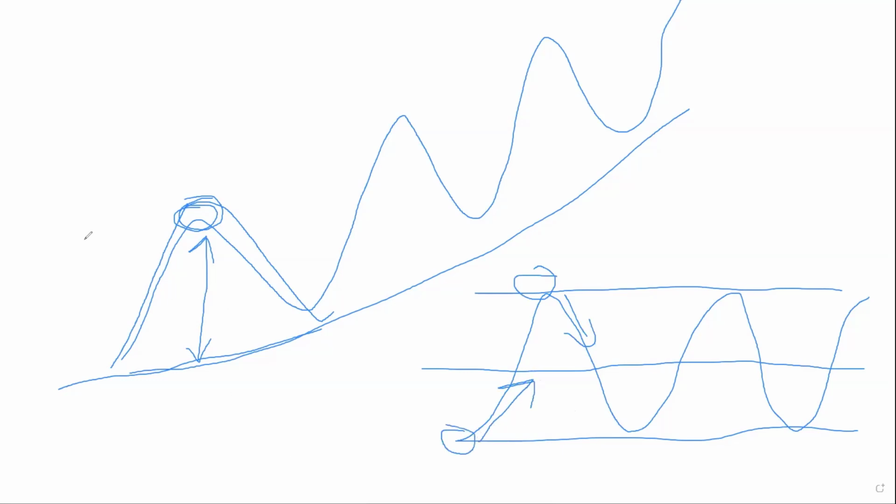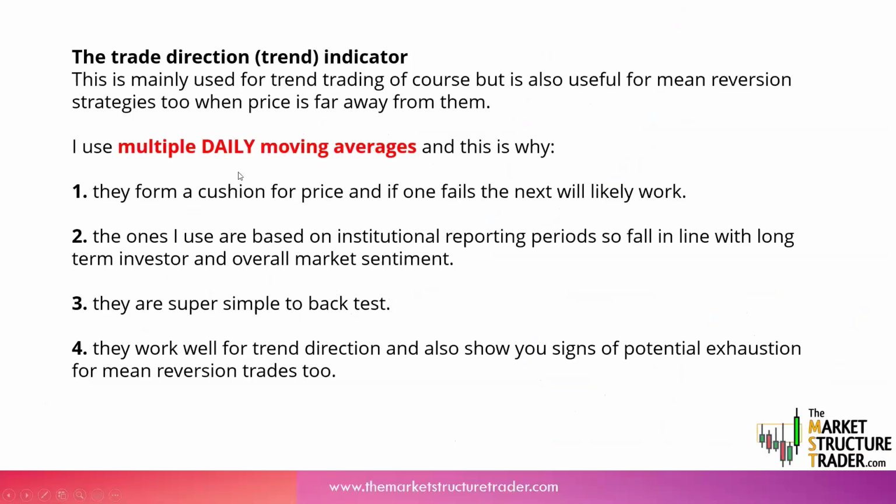Trend, you're taking trades in line with the direction price is moving at the moment, and your aim is usually to enter on a pullback, okay? So just to clarify, in case people didn't know what the difference is, I think most of you probably know the difference between trends and mean reversion, but that's what that is, okay? So the trade direction indicator can be used for both.